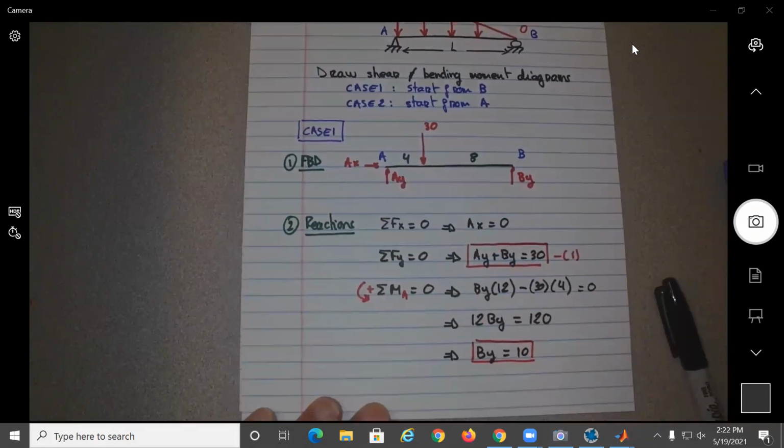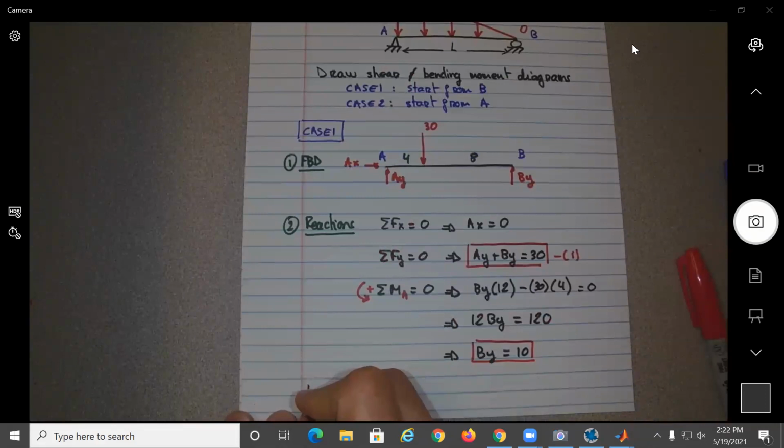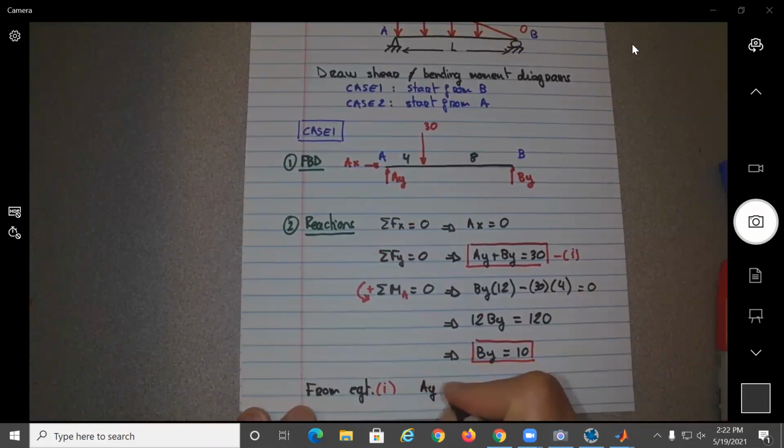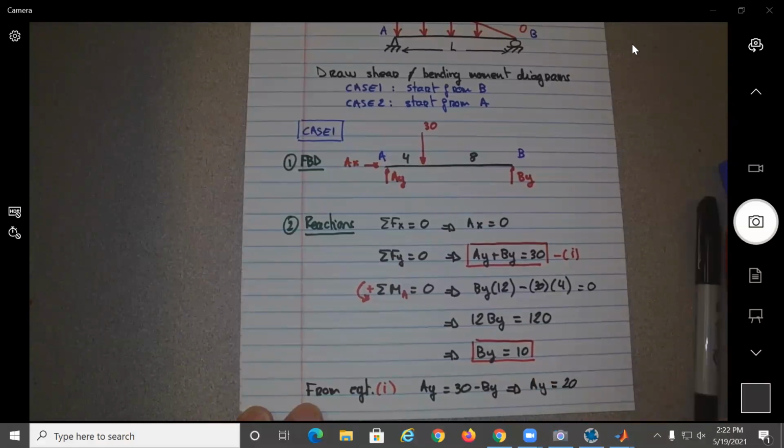And then what can we say from equation 1? We're going to get that AY equal to 30 minus BY, which means that AY will be equal to 20. Okay, so for either case 1 and 2, the reaction should be the same, no?